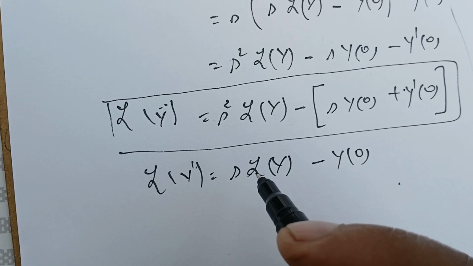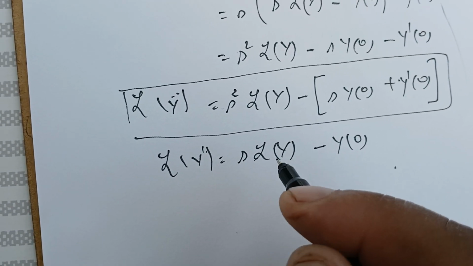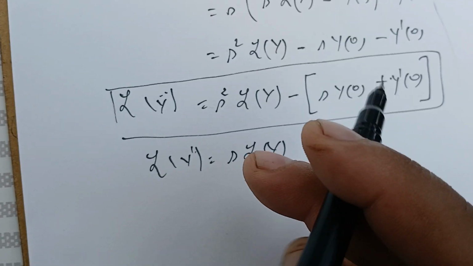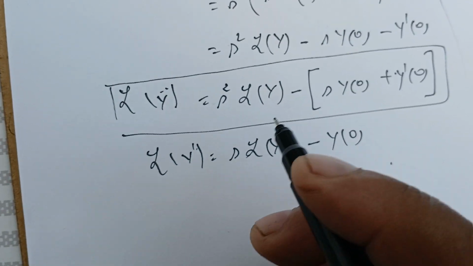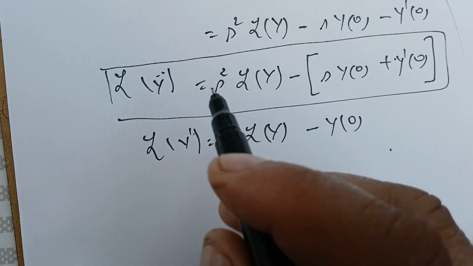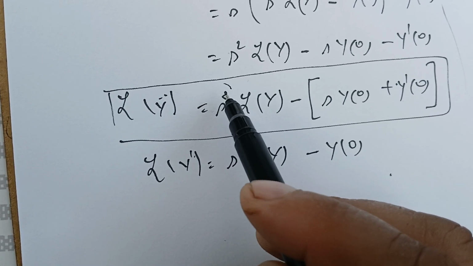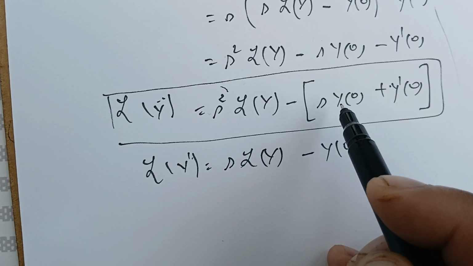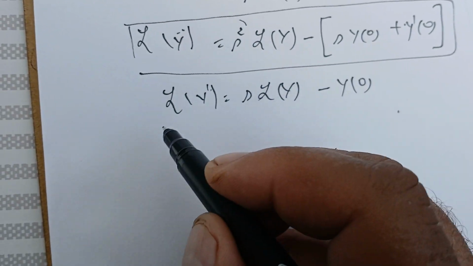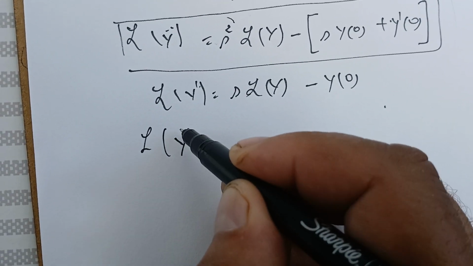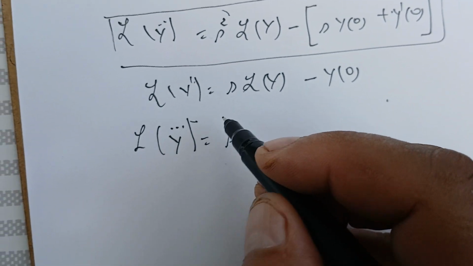And we're going to see that if we try to write this for y''', we can use this y'' here, and we're going to have s cubed. So the order of the derivative is going to be the power of s.